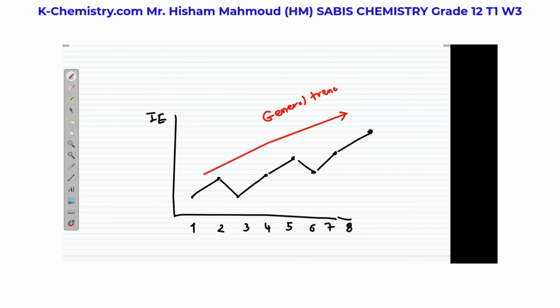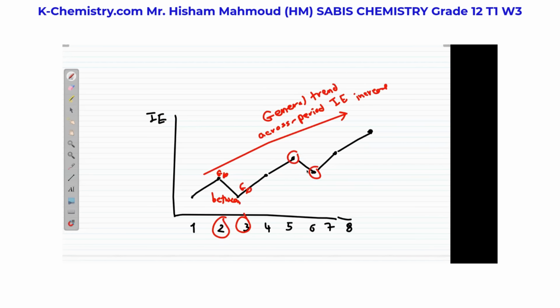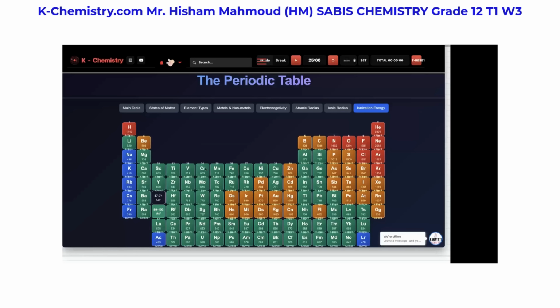The general trend is saying that across the period, the ionization energy increases, except in two places, which are between group 2 and group 3, and one more time between group 5 and group 6. In these two places, the ionization energy decreases instead of increasing. It goes against the trend.